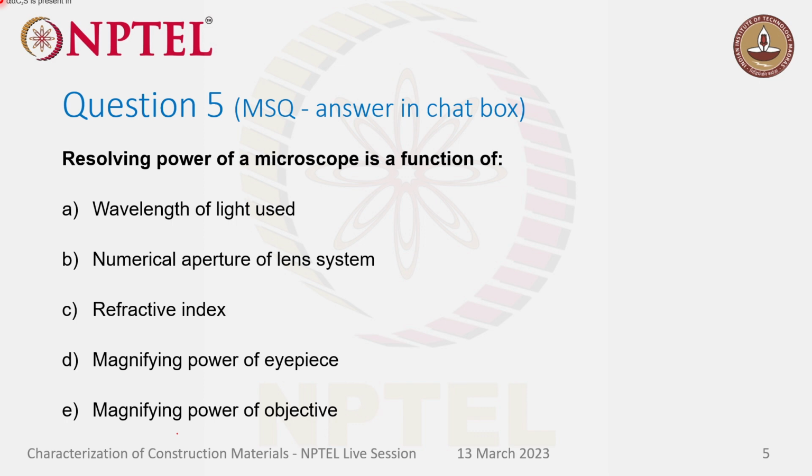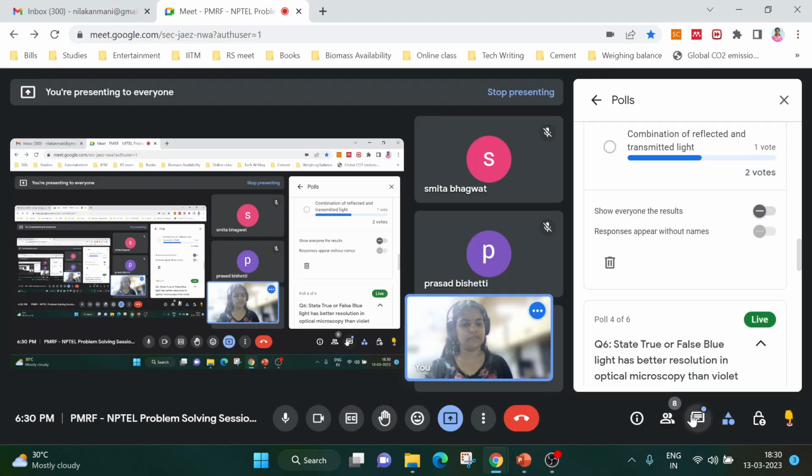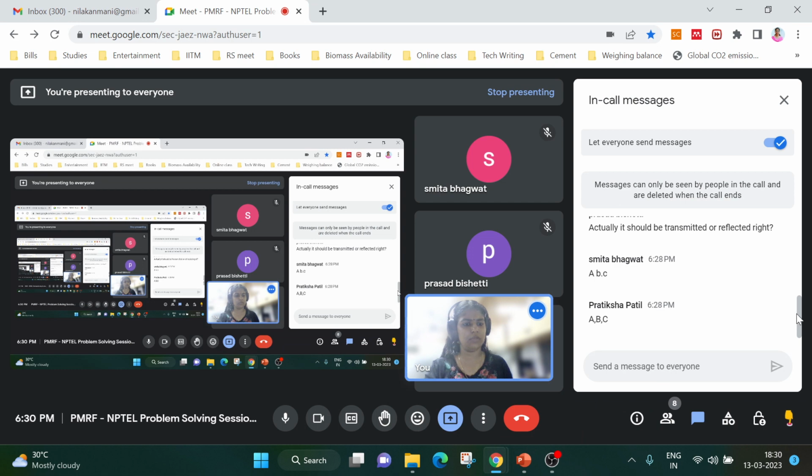Time is up. Let's see the class response. It has more than one answer. That's why we have kept it as a multiple select question. Option A, B, and C.